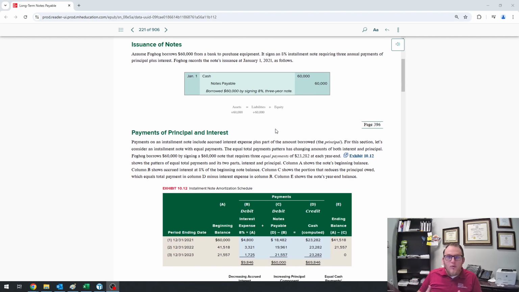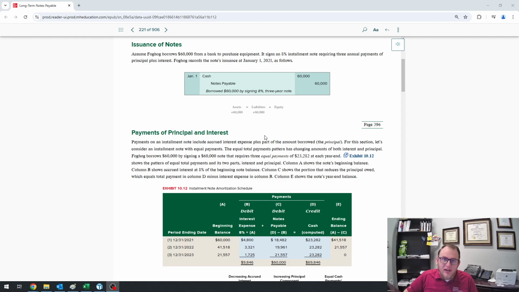So now we need to calculate what the payments are going to be on that note. It's going to be more than $20,000 because we're going to have the interest payment. $20,000 would be the $60,000 divided by 3 because there are 3 annual payments. But there's going to be an interest portion that we also need to be paying.